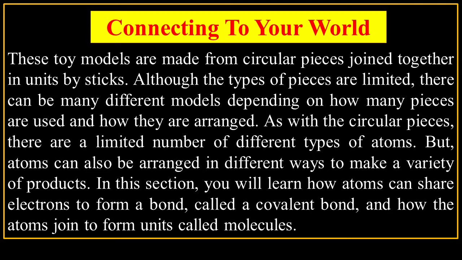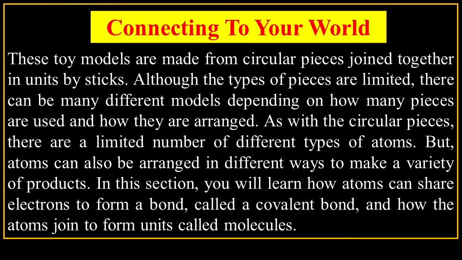As with the circular pieces, there are a limited number of different types of atoms, but atoms can also be arranged in different ways to make up a variety of products. In this section, you will learn how atoms can share electrons to form a bond called a covalent bond, and how the atoms join to form units called molecules.